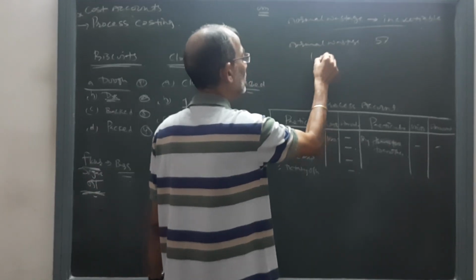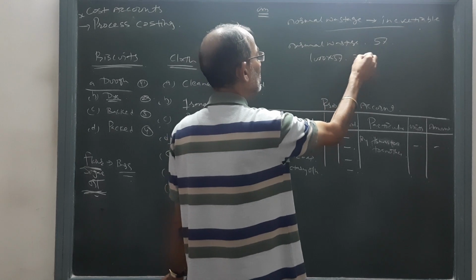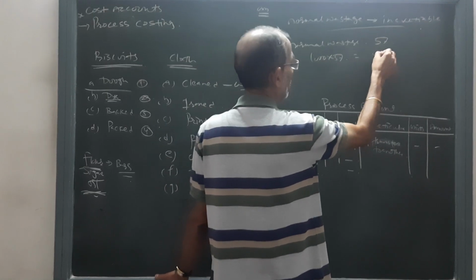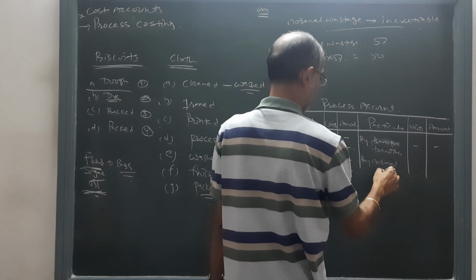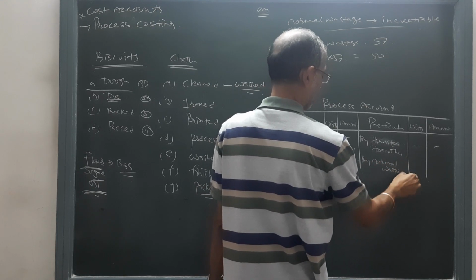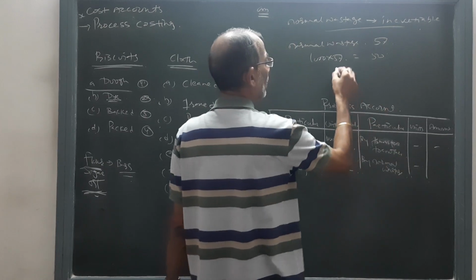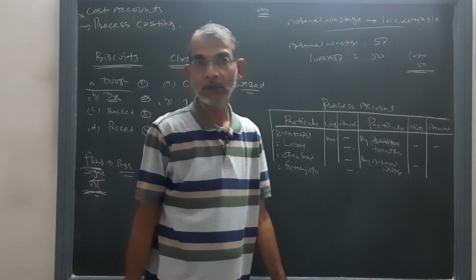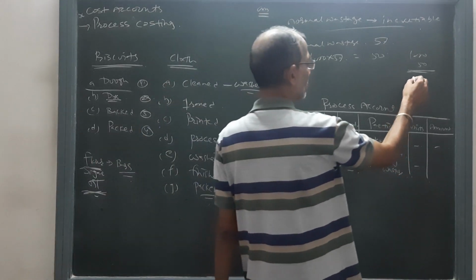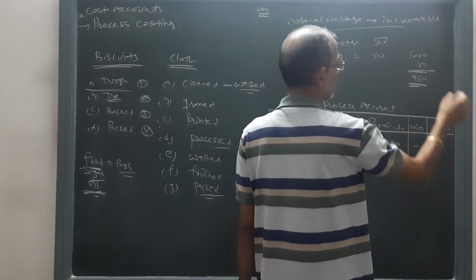So out of 1000, 5%, 50 units will be normal wastage. Now 50 units are normal wastage, so 950 units must be transferred to another process.